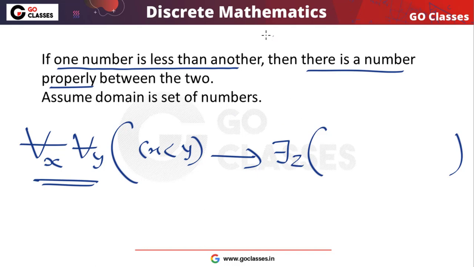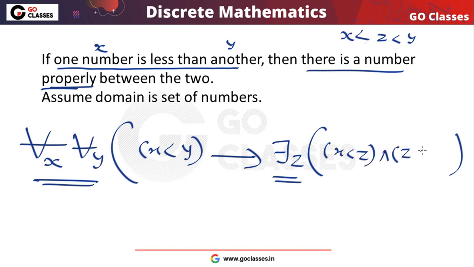Properly between means this z is greater than x and this z is less than y. So there exists a z such that z is greater than x and z is less than y.